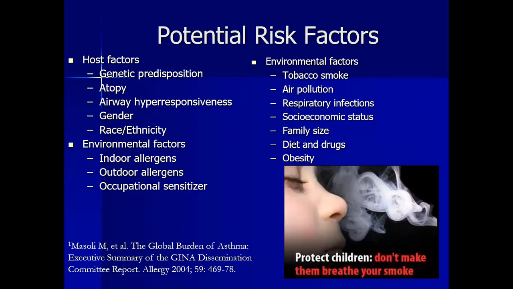Potential risk factors, we will divide into host and environmental. Host factors: genetic predisposition, some families have a genetic predisposition for asthma, where the airway or bronchi is more allergic than in other families. Atopy, the predisposition for allergic reactions.